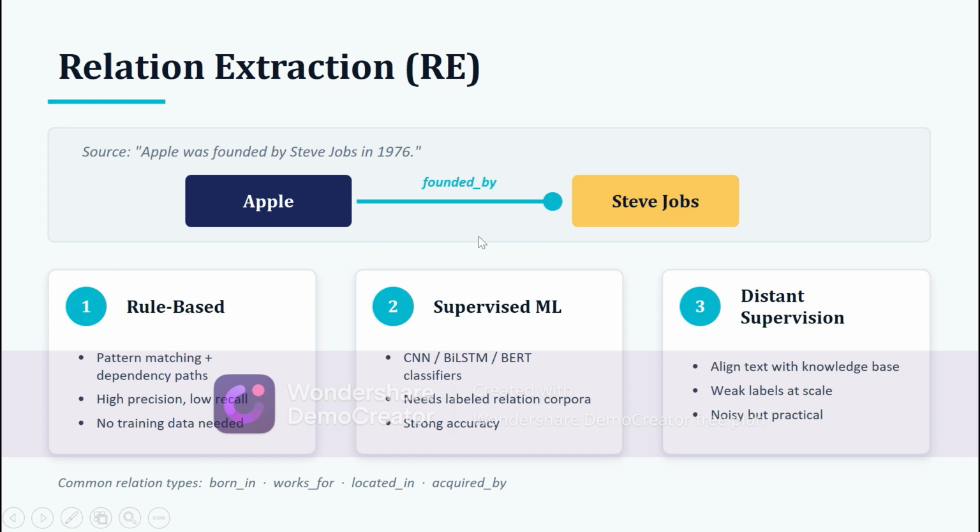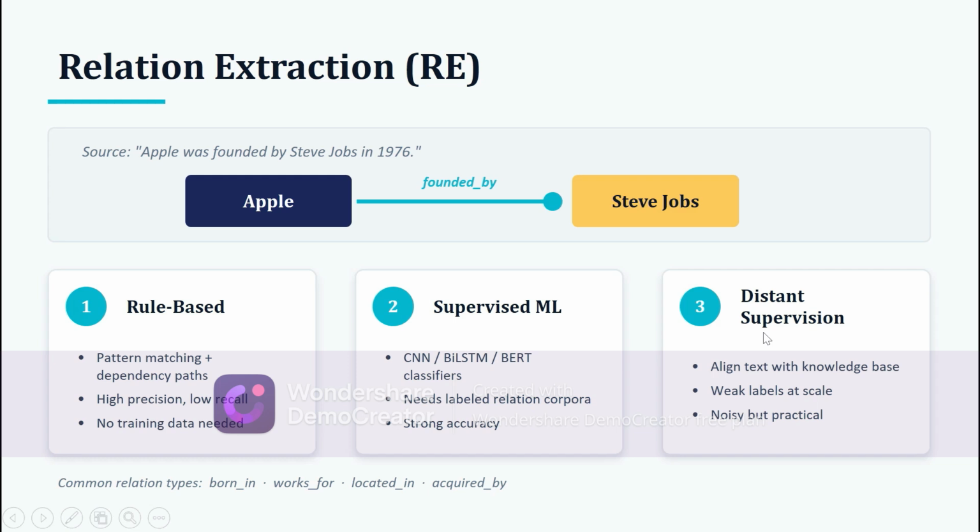There are three main families of approach. Rule-based methods use handwritten patterns and dependency paths. Very precise, but they don't scale. Supervised machine learning trains classifiers like CNNs, BiLSTMs, or BERT-based taggers on labeled relation corpora, which gives strong accuracy but requires labeled data.